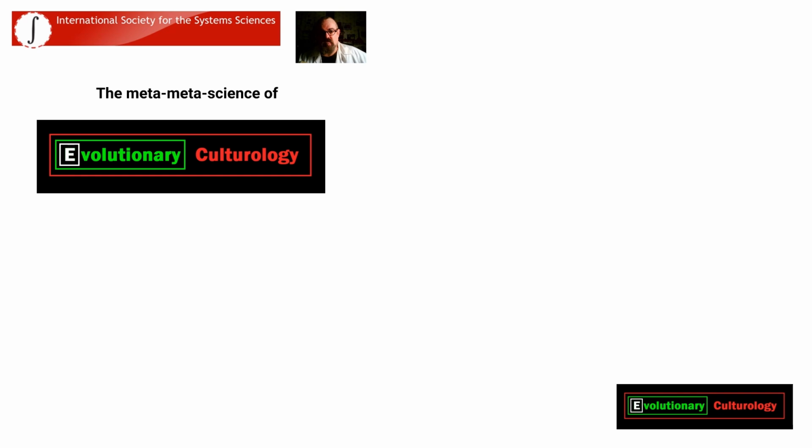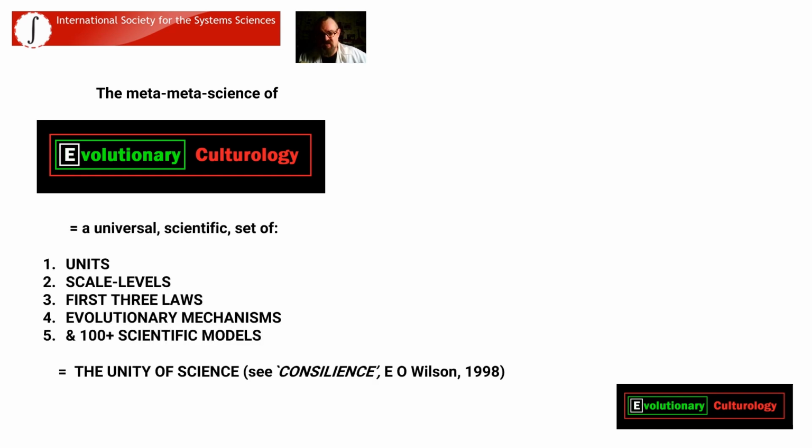Next. And so what is the meta science of Ev Cult? It's a universal scientific set of units, scale levels, the first 3 laws of the units, the evolutionary mechanisms that operate on those units, or fractal Holon partons, and over 100 scientific models in the textbook there.